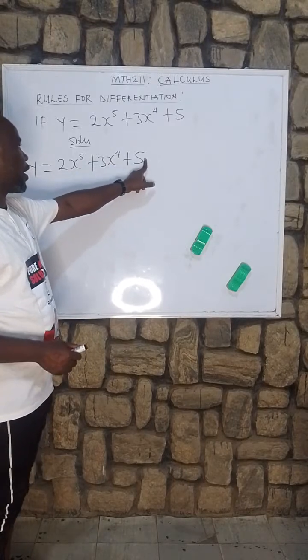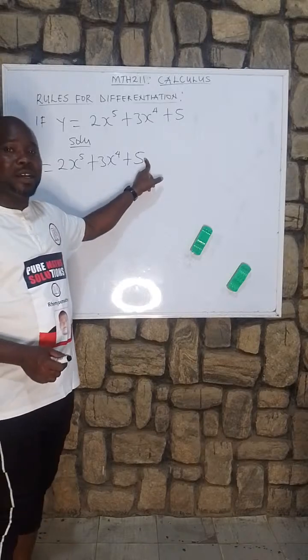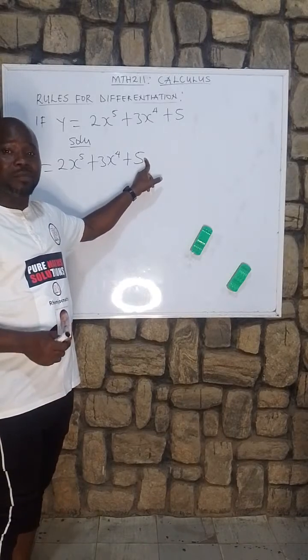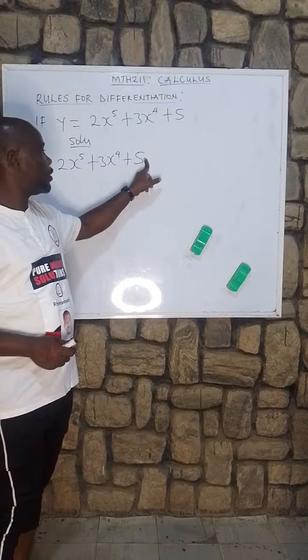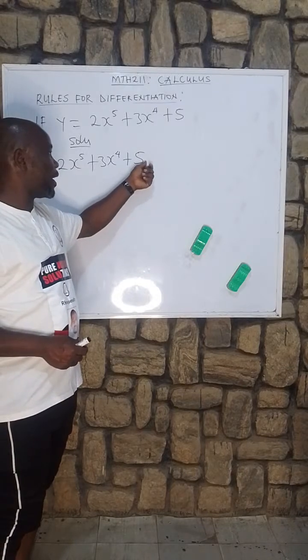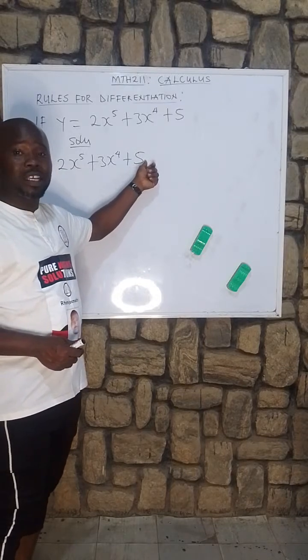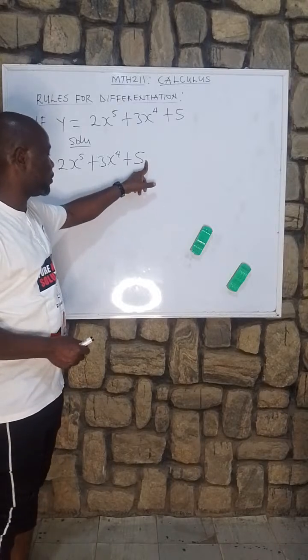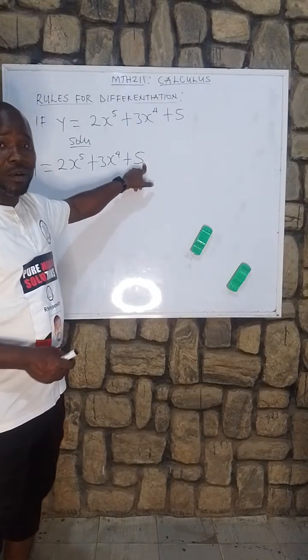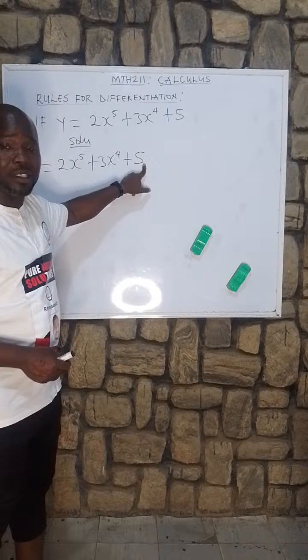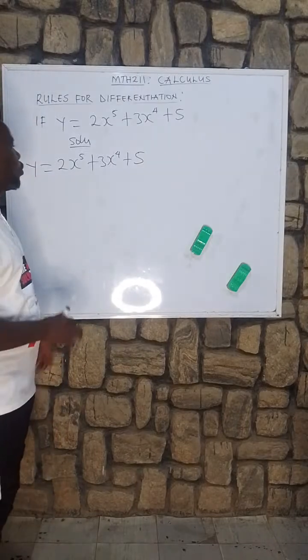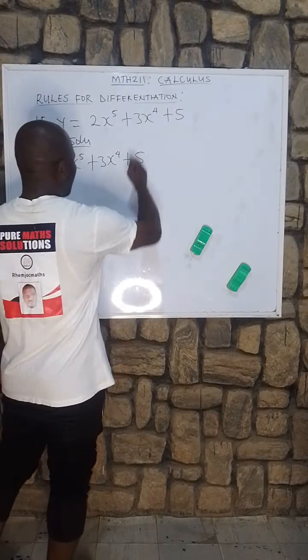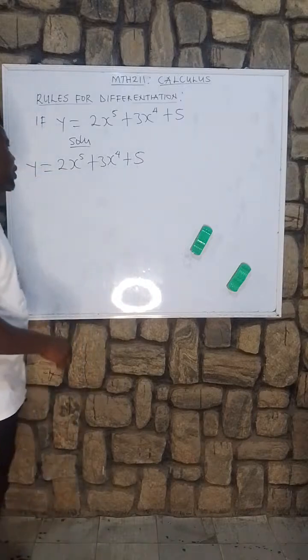But here, you cannot find the independent variable, true or false? So that is why this is called a constant. Is that clear? So take note. Whenever you differentiate a constant, it gives you 0.